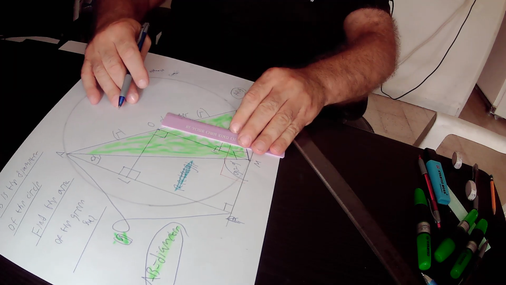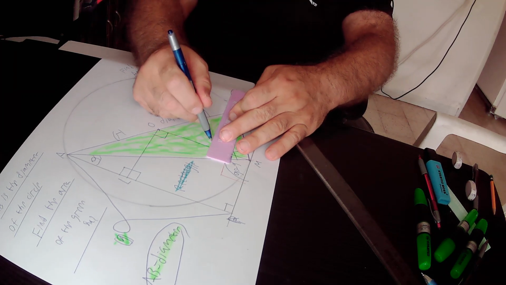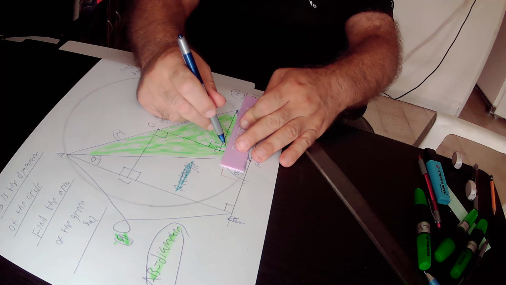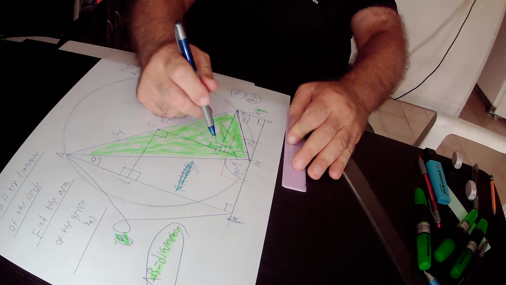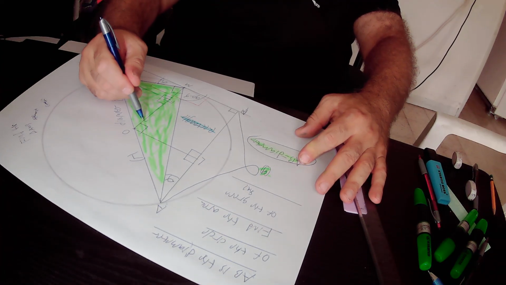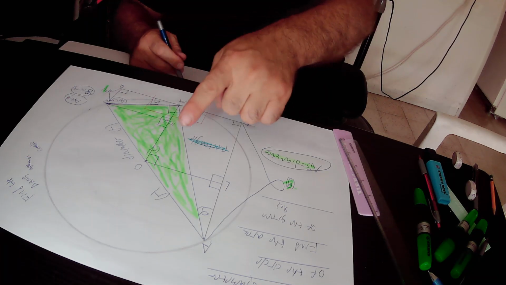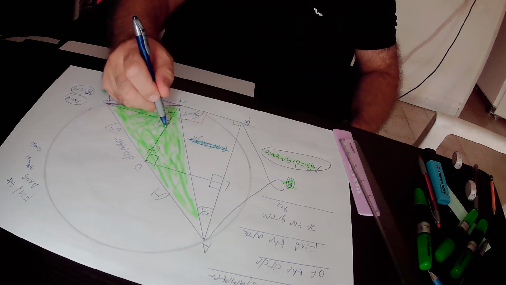So actually, this angle equals 90 degrees, and this angle also equals 90 degrees according to our construction. We define the touching point of the perpendicular from point B on the radius OM as point S.